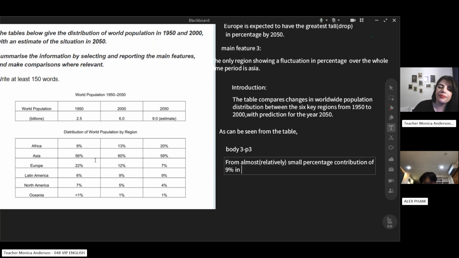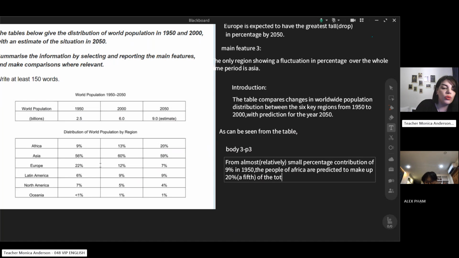When? 1950, yeah. What happened? The people of Africa, or population, so you can say, are predicted to make up 20% or a fifth of the world population.